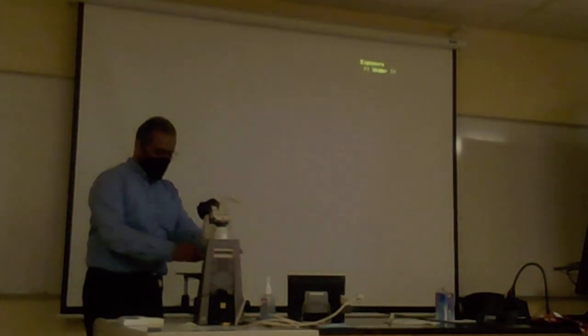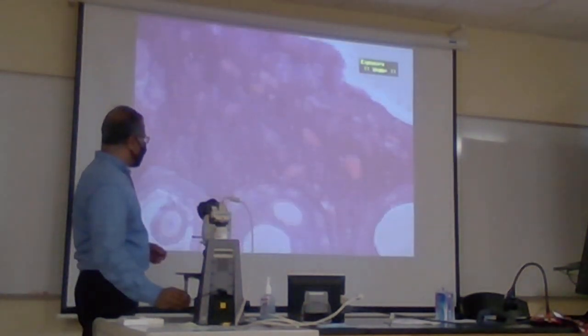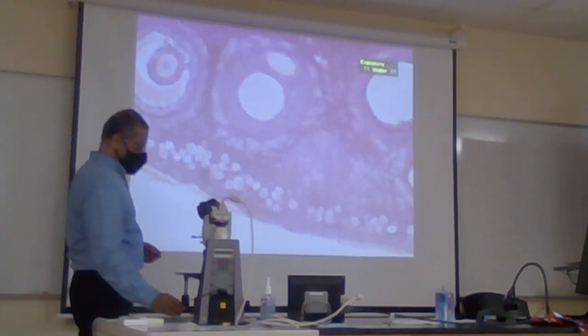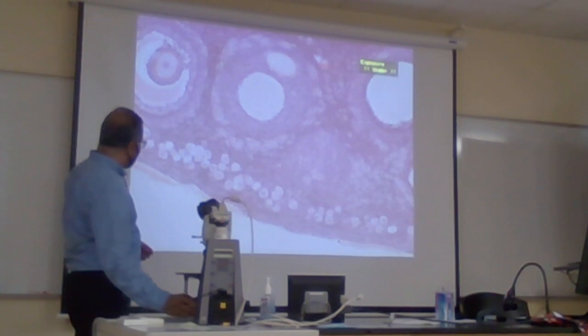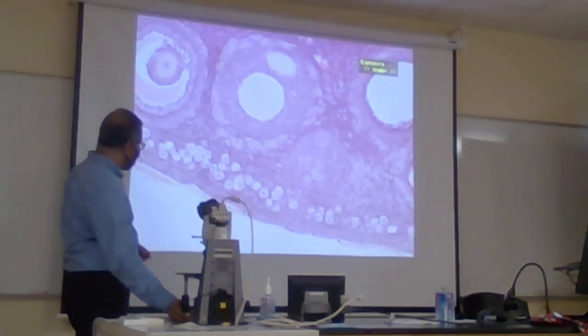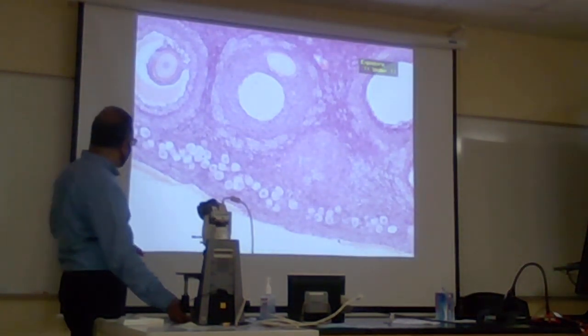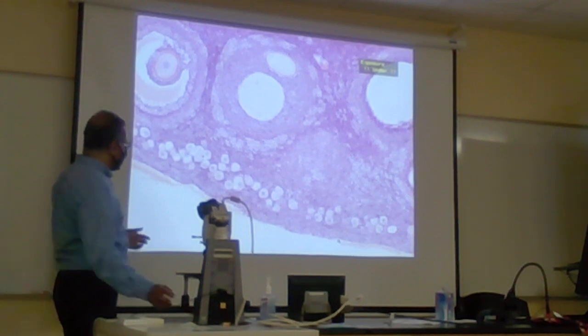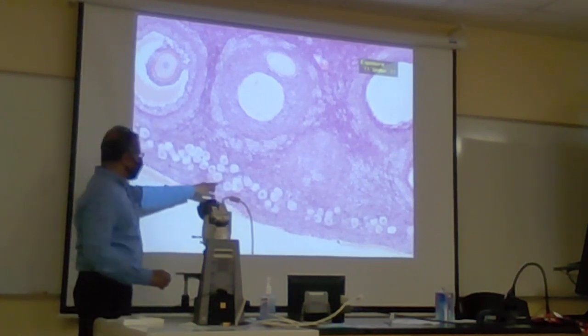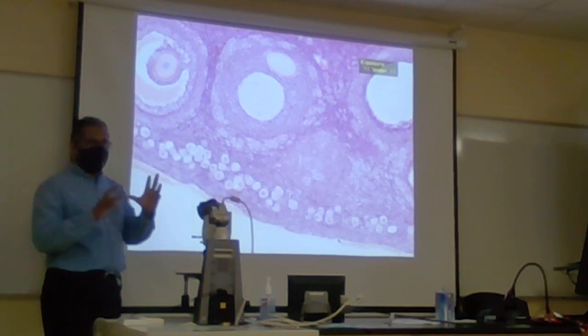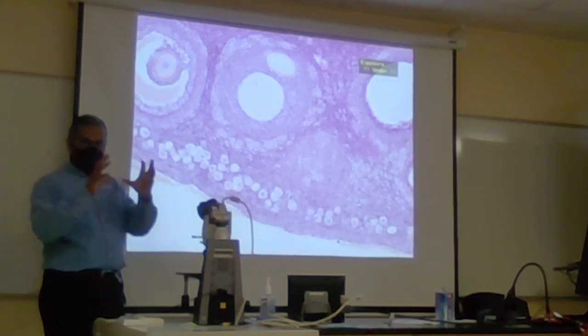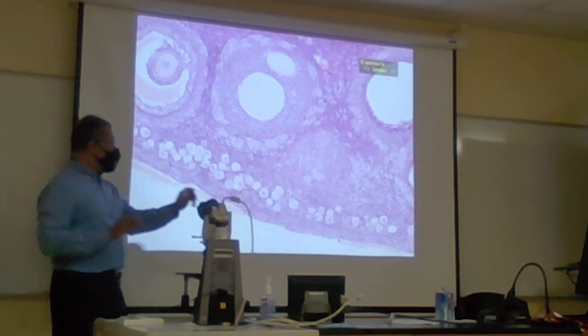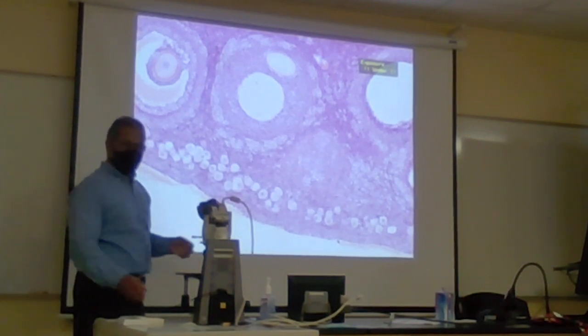So let's zoom into that a little bit. Do you see the difference between primary and primordial? These all look like they are primordial, right? They don't seem to have a complete layer around them, and what is around them is not cuboidal. In primary, they will be cuboidal, thicker cells, whereas these look mostly squamous.